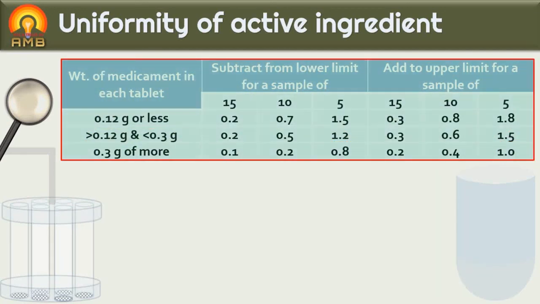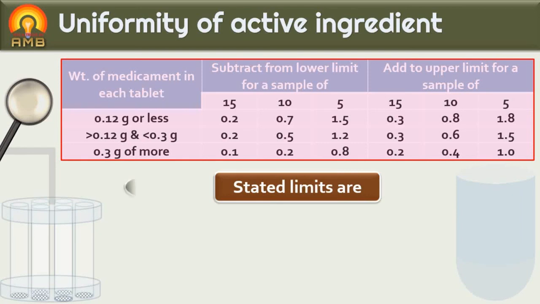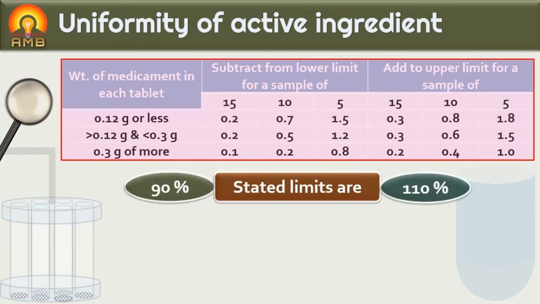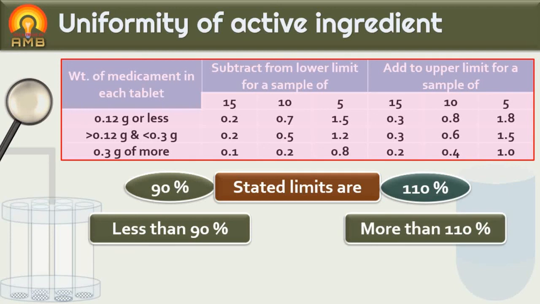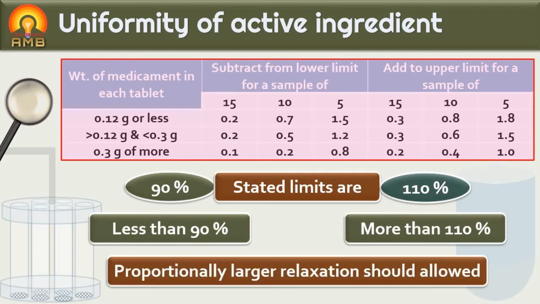This relaxation is applied only when stated limits are between 90 to 110%. If the stated limit is less than 90% or more than 110%, proportionally larger relaxation or allowances should be made.